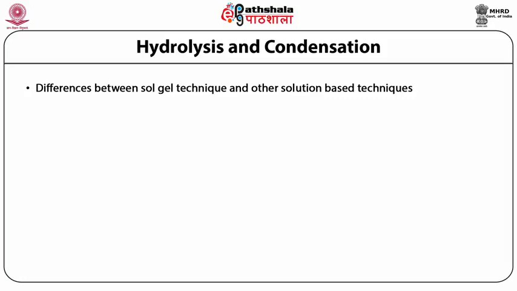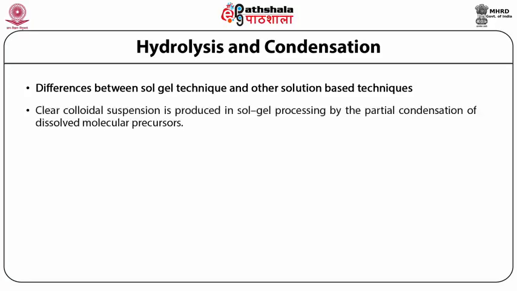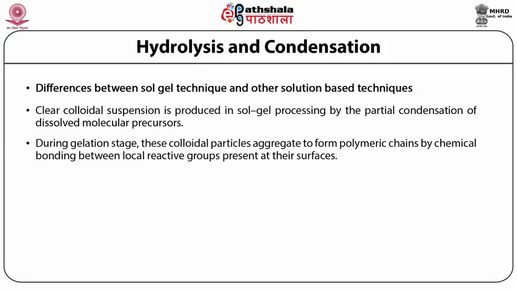The differences between the sol-gel technique and other solution-based techniques, for example precipitation and crystallization, for producing materials are: first, a clear colloidal suspension is produced in sol-gel processing by the partial condensation of dissolved molecular precursors. Then, during the gelation stage, these colloidal particles aggregate to form polymeric chains by chemical bonding between local reactive groups present at the surfaces.